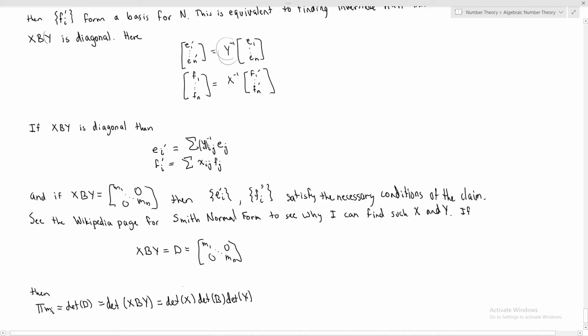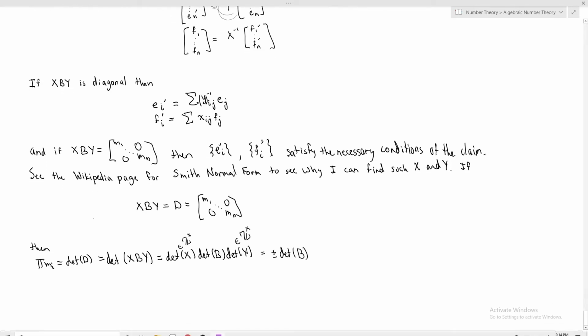On the right, thinking about this, these are both units in Z. The only units in Z are plus or minus 1. So this is plus or minus the determinant of b.